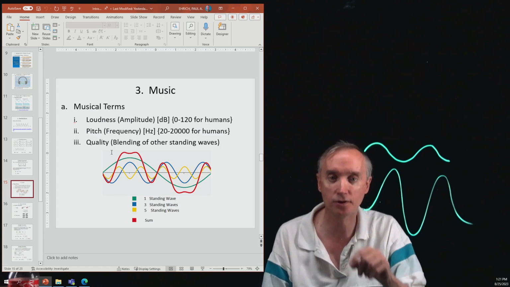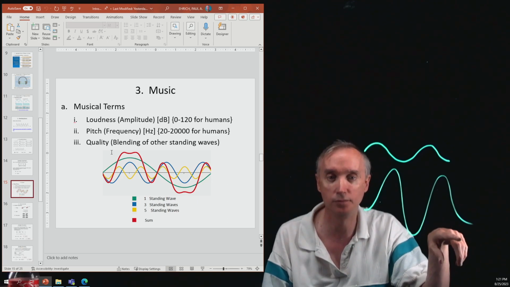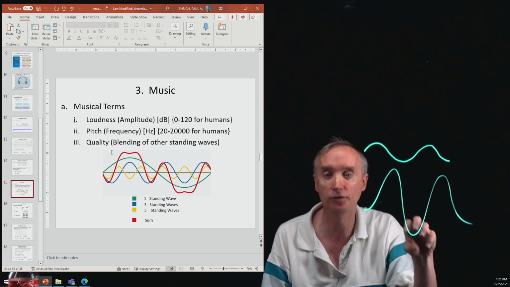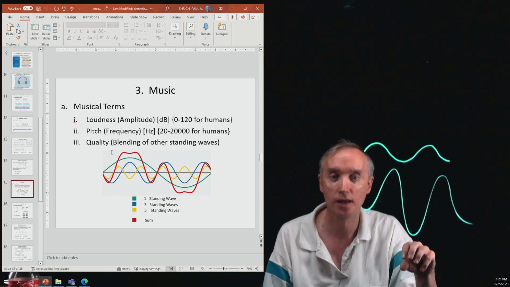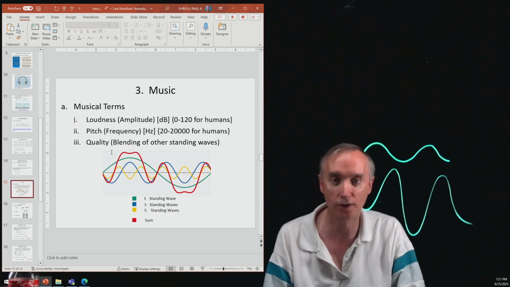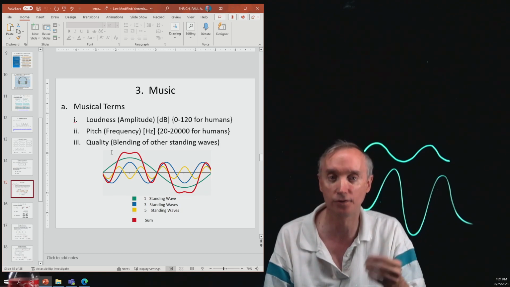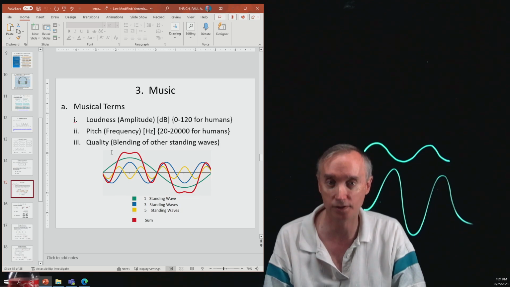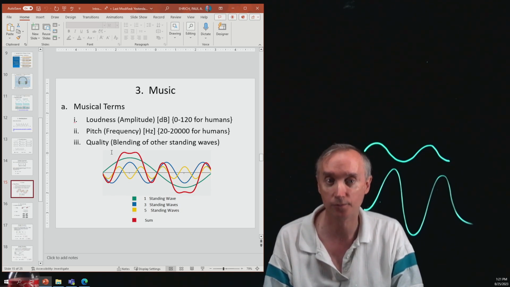In this picture here, it's showing a green frequency being mixed with a blue frequency being mixed with a yellow frequency, and then it is producing the red frequency. So the red one is going to be the sum of just those three frequencies. Now imagine adding together 100 different frequencies. Well, that's the frequency of music.